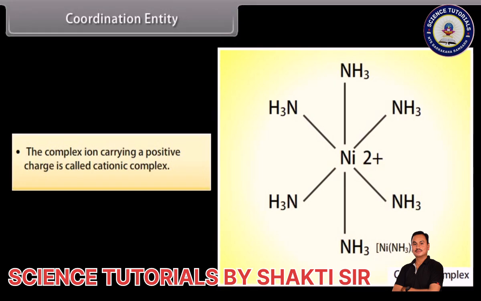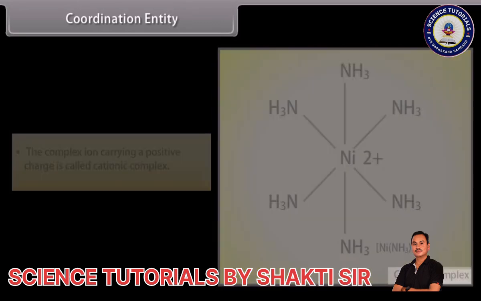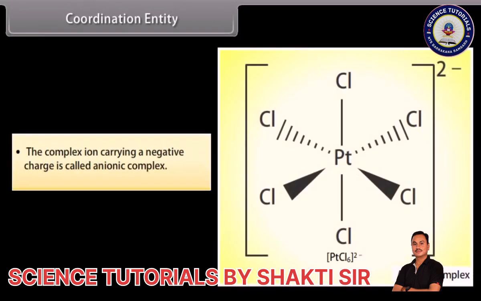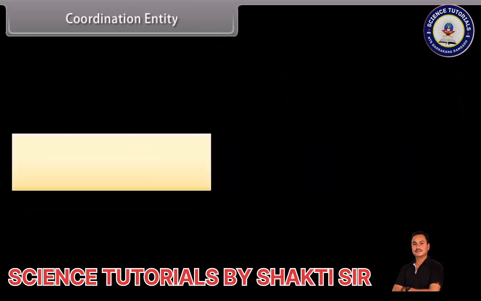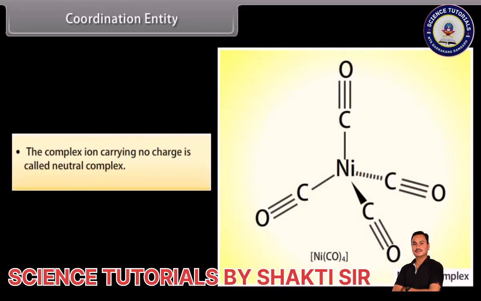For example, [Ni(NH3)6]2+. The complex ion carrying a negative charge is called anionic complex. For example, [PtCl6]2-. The complex ion carrying no charge is called neutral complex. For example, Ni(CO)4.